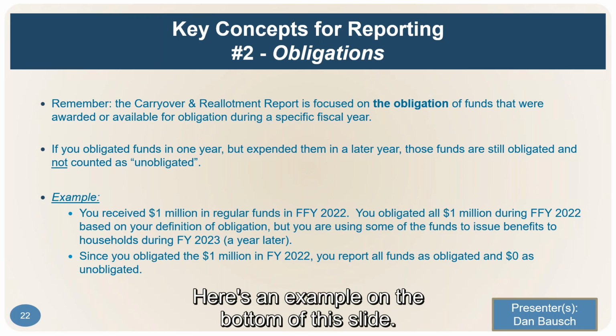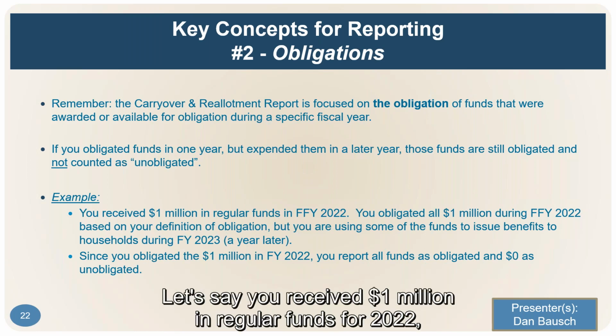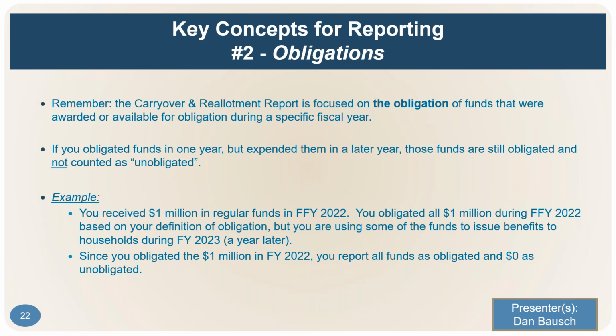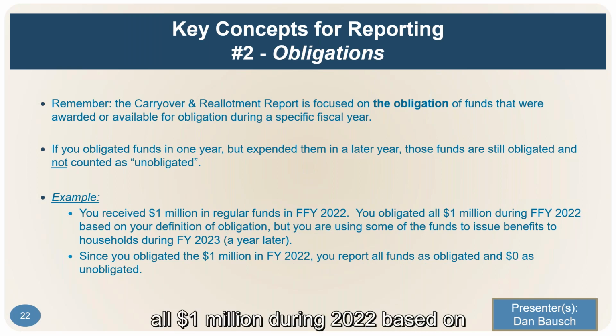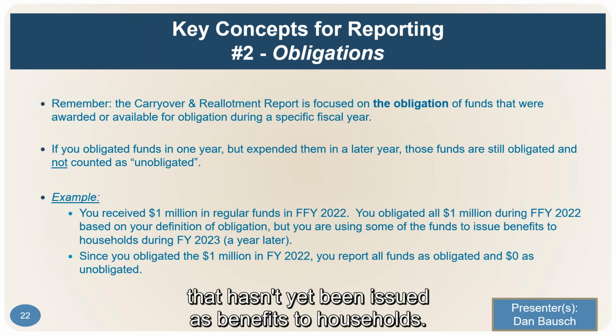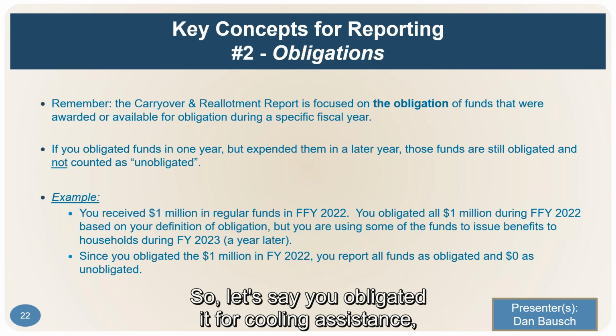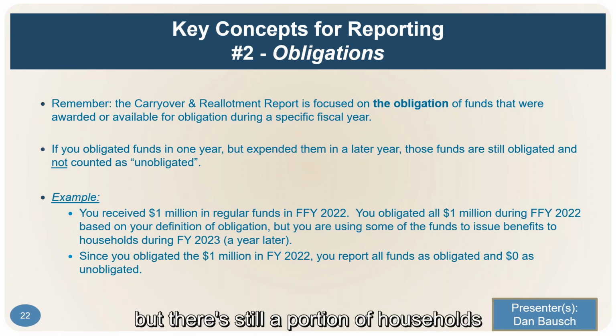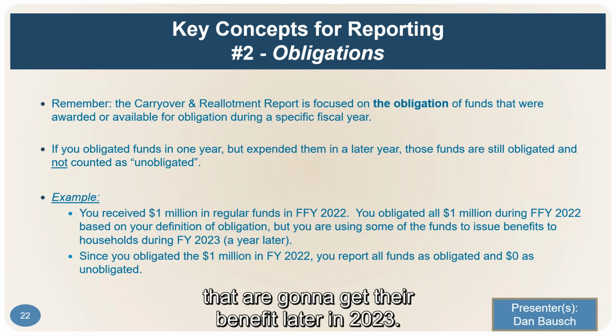Here's an example on the bottom of this slide. Let's say you received $1 million in regular funds for 2022. If your jurisdiction obligated all $1 million during 2022, based on your definition of obligation, but you have some amount of those funds that hasn't yet been issued as benefits to households. So let's say you obligated it for cooling assistance, but there's still a portion of households that are going to get their benefit later in 2023.